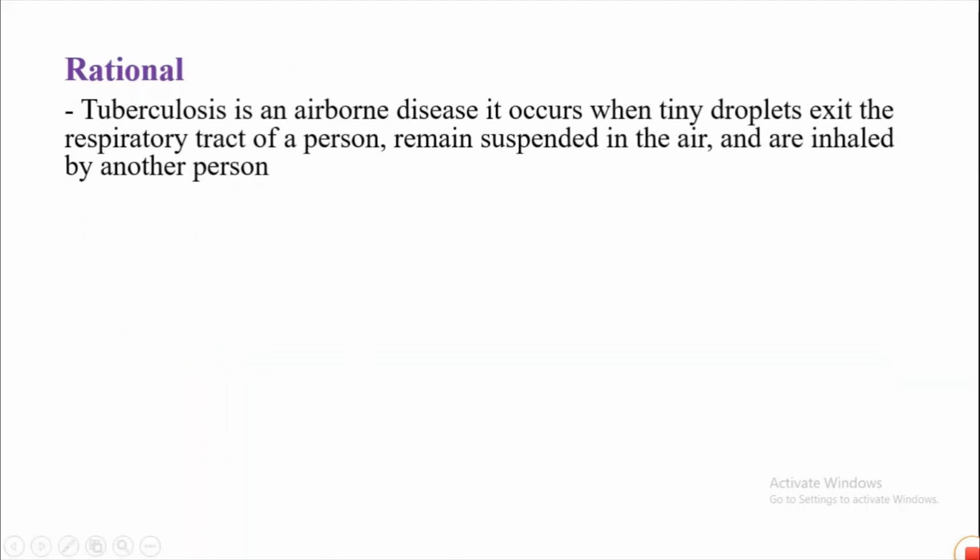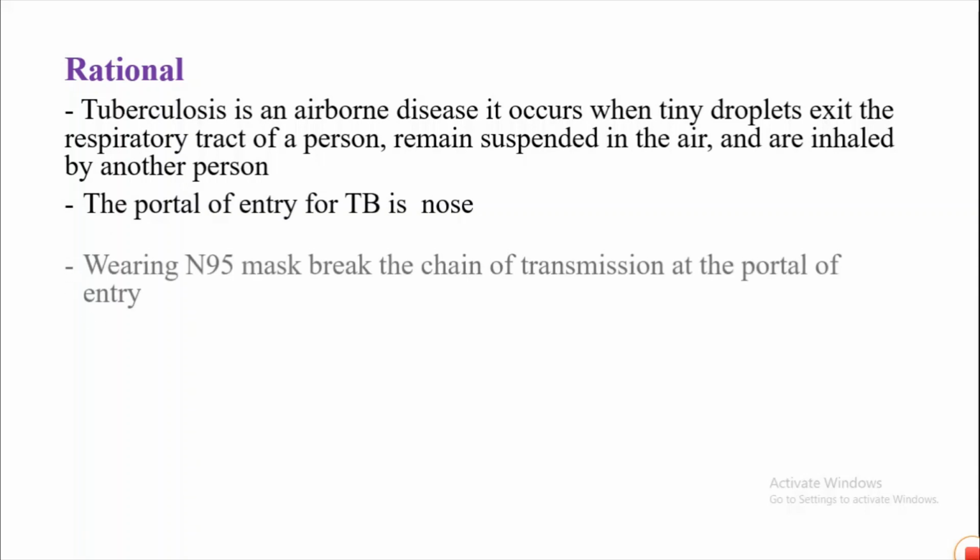Tuberculosis is an airborne disease. It occurs when tiny droplets exit the respiratory tract of a person and remain suspended in the air and are inhaled by another person. The portal of entry for TB is the nose.